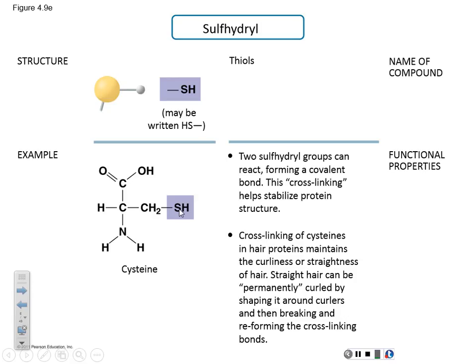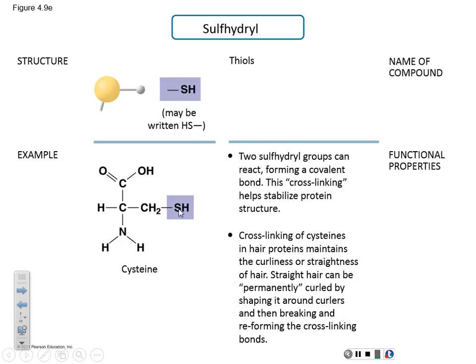Living things use them to staple together with covalent bonds different parts of molecules or two different molecules. When we talk about proteins on Thursday, I'll bring this up again and talk with you about disulfide bonds. That's a way to form a permanent association between two parts of a single protein molecule.